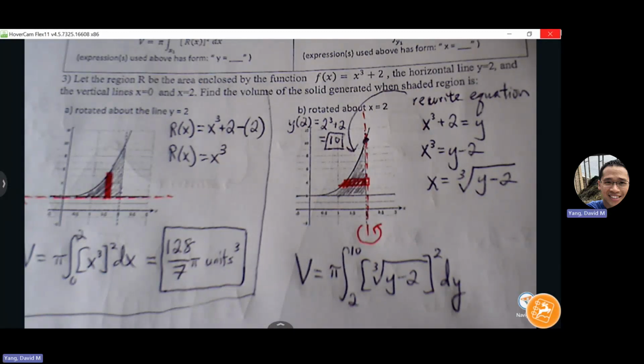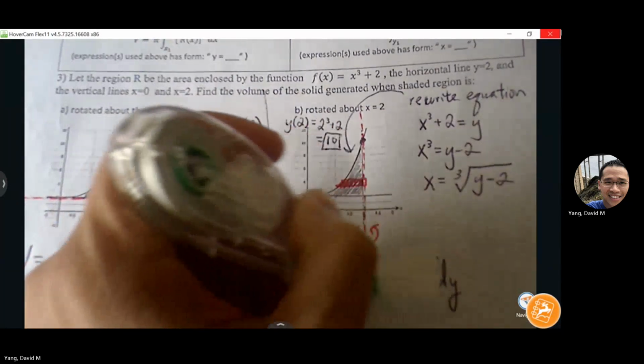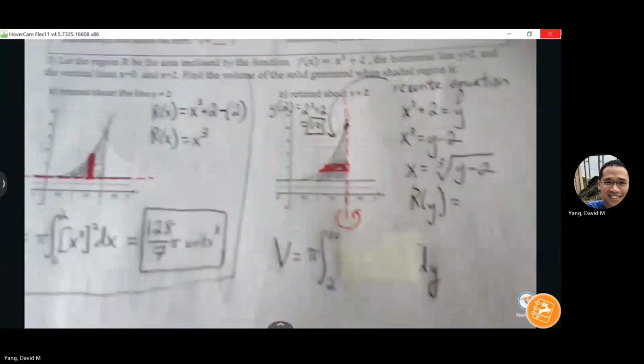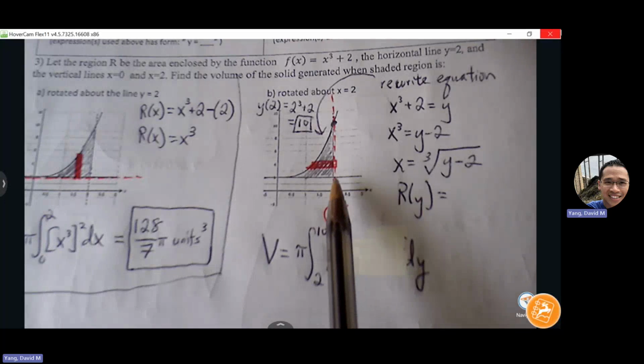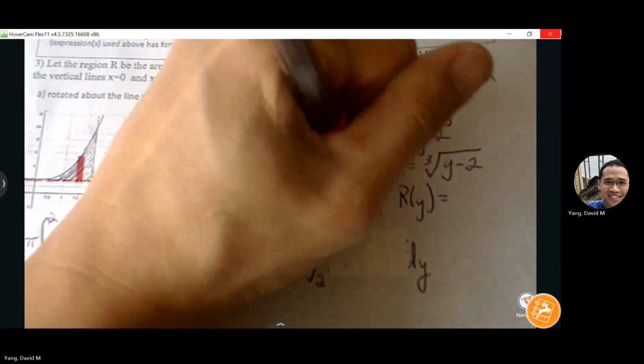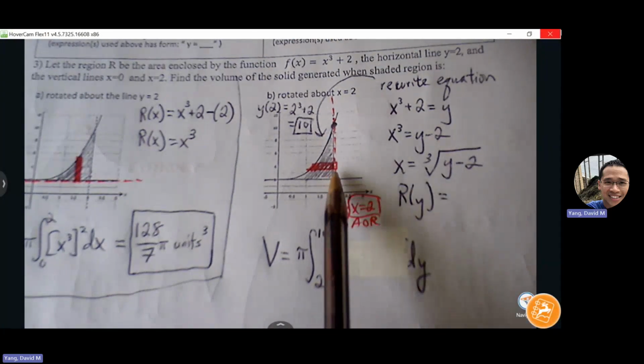Oops, I messed up. I didn't do my full radius here. Radius is right minus left. Right endpoint is sitting on the 2. So it's going to be 2 minus the right endpoint minus left.